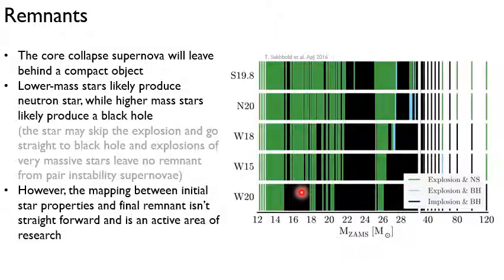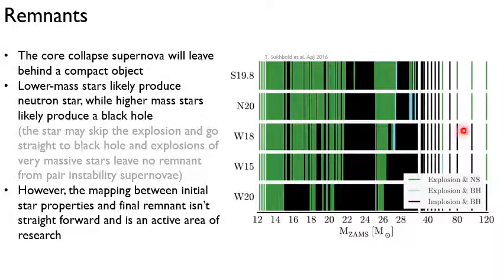You don't even really explode, you just implode. So as you can see, in general, you make neutron stars if your initial mass is relatively low. And in general, you make black holes for higher mass stars. But there are exceptions in between, and we don't really know where those are. It turns out to be a complicated question related to stellar evolution.